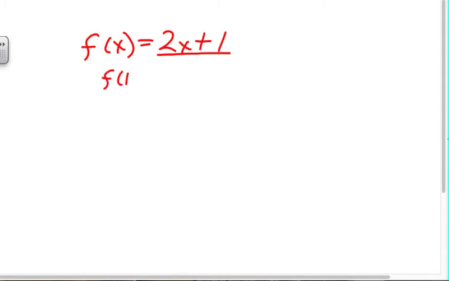Evaluating functions, we've dealt with this a little bit already. Here's my function rule. Here's my machine. It's 2x plus 1. All right, so now they've given me my input, which is 1. So I put my input into my function machine.